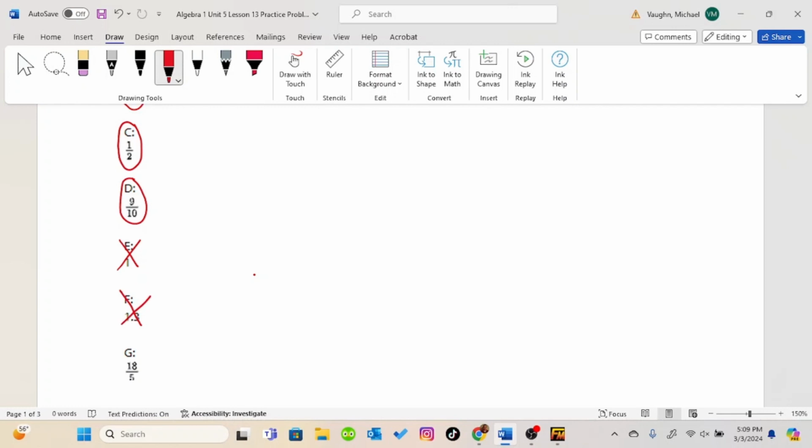And lastly, choice G is 18/5, which is also 3 3/5. That's greater than 1. So again, this graph would be going up, not down. So G cannot be the answer.